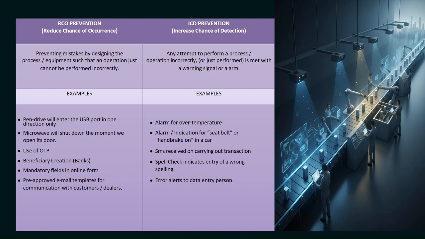In the lift, whenever there is near overload, it gives an alarm. That is a chance of detection. But if the lift doesn't move because of the overweight, that prevents the chance of occurrence of an incident. Do you understand? Error alerts to a data entry person, spell check indicating entry of a wrong spelling. These are all RCO and ICD prevention. Please ensure this is followed.